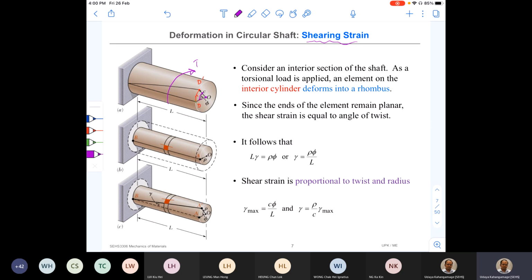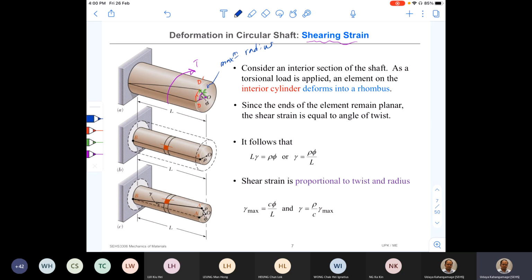Okay, so before I go any further, I need to show you that here, the maximum radius is denoted by the letter C. So throughout the derivation process and even in your textbook, they use the notation C to denote the maximum radius. So let me write it. This C is the maximum radius.